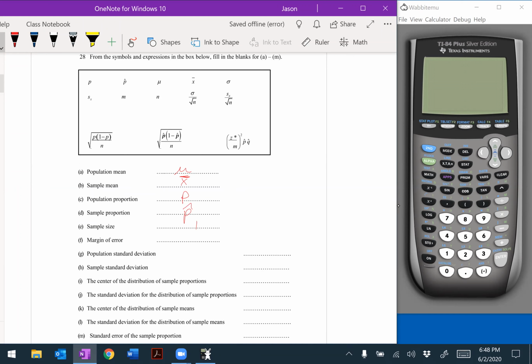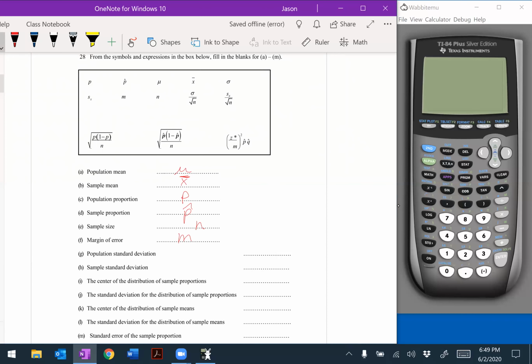Sample size, N. Margin of error. Where's the margin of error?